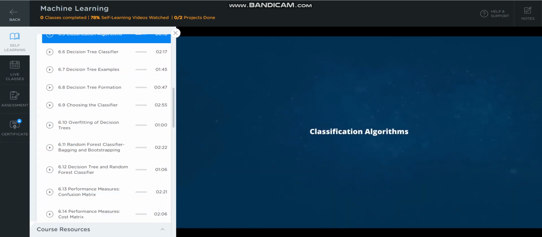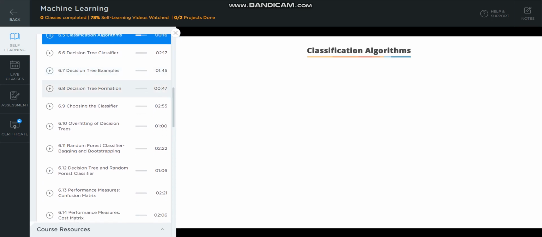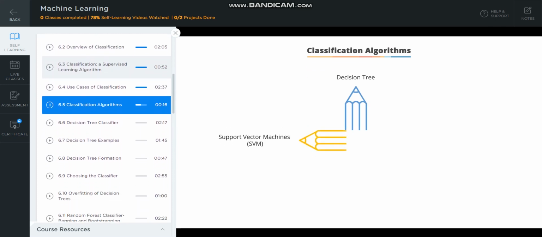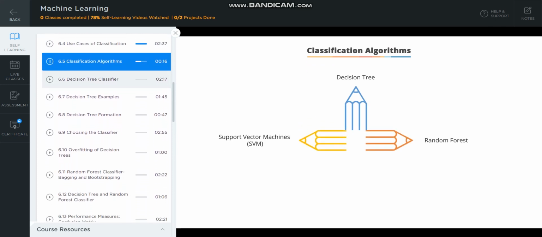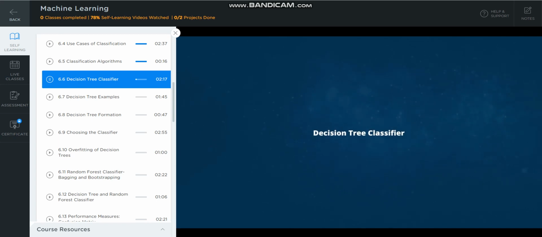Classification algorithms. Commonly used classification algorithms include decision tree, support vector machines, SVM, random forest, naive Bayes classifier. Decision tree classifier.